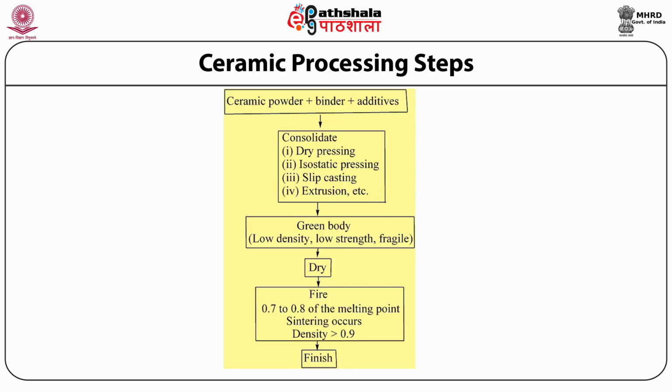The process of slip casting is commonly used for the preparation of sanitary wares but can also be used for advanced components. The body produced using the above shaping steps is called a green body. The adjective green comes from the fact that in most cases the body contains some moisture.